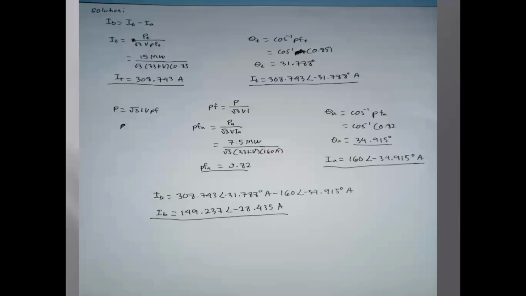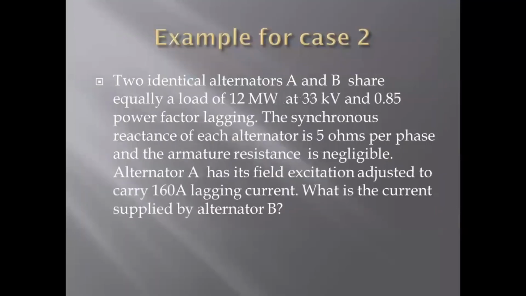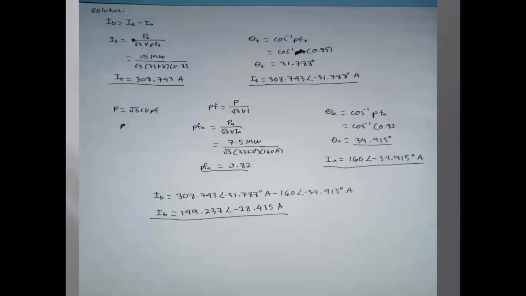So IT is equal to 308.743 angle negative 31.788. Why is it negative? Since the power factor is lagging.